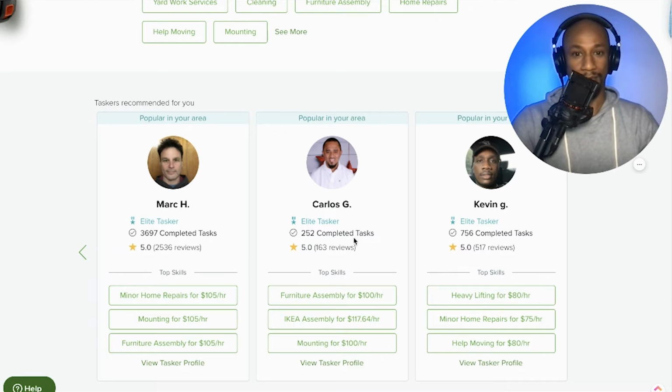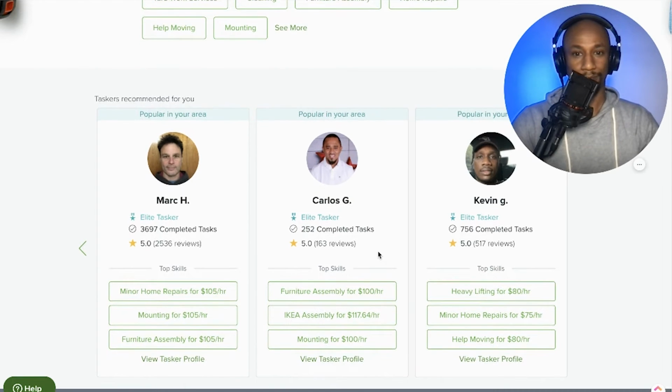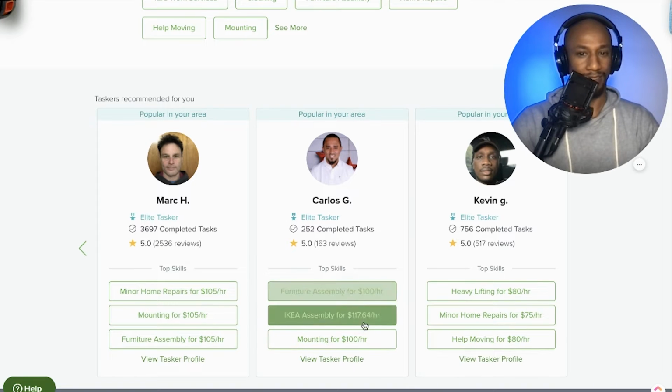But this is a good example of a scenario where Carlos is probably the lowest, has had the least number of completed tasks and the least number of reviews that we've seen out of everyone up here. But yet he's asking for rates that are still higher than some of these other people.